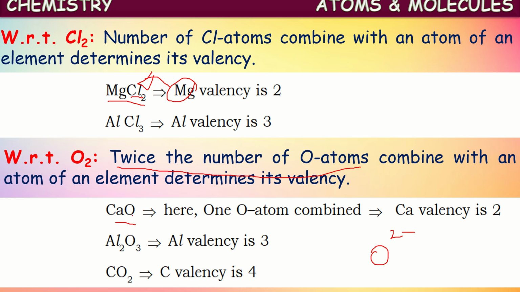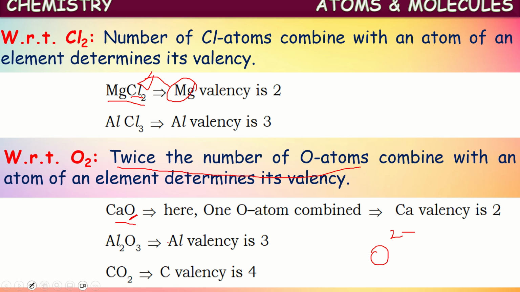Calcium combines with one atom of oxygen. So with whatever number of oxygen atoms are combining with the particular element, you have to take twice that number. Here one oxygen is there, so take twice this number. Twice means 2. Why? Because one oxygen atom's valence is 2.